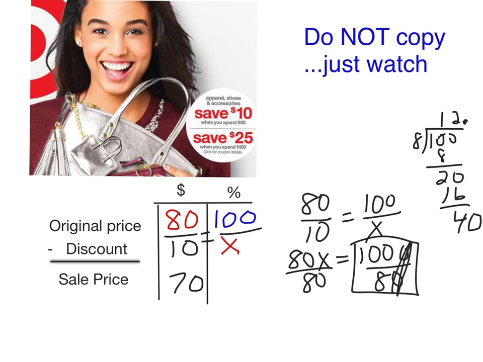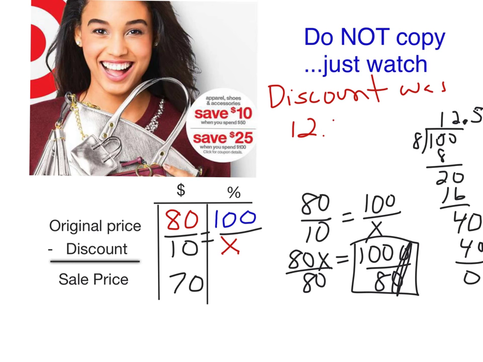So I have a remainder of 0. So now I know my discount for your final answer. Discount was 12.5. And you have to add the percent sign because these are all percents in this column, and that's what you are looking for.